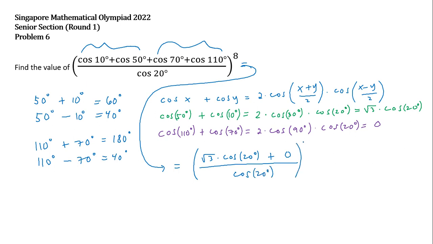Okay, then raised to 8. Now we can cancel cosine 20 degrees.